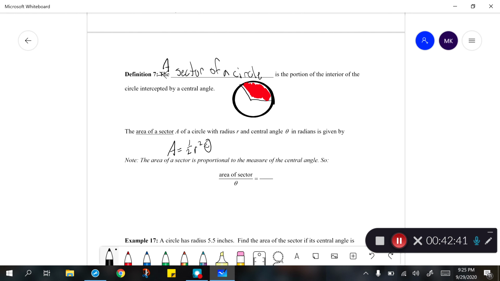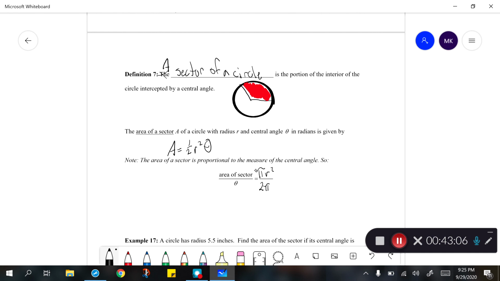So, if we note that the area of a sector is proportional to the measure of the central angle, we can look at this proportion. The area of the sector over theta equals pi r squared over an angle of 2 pi.